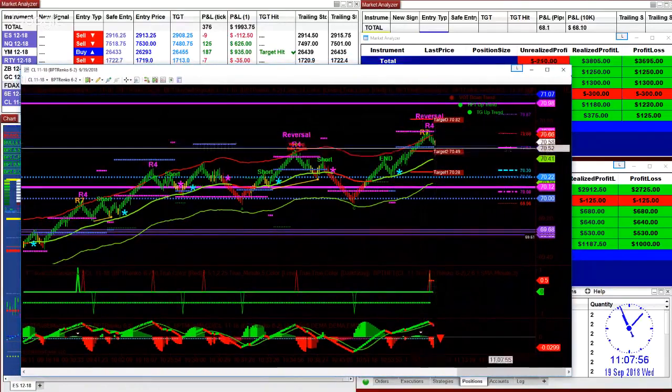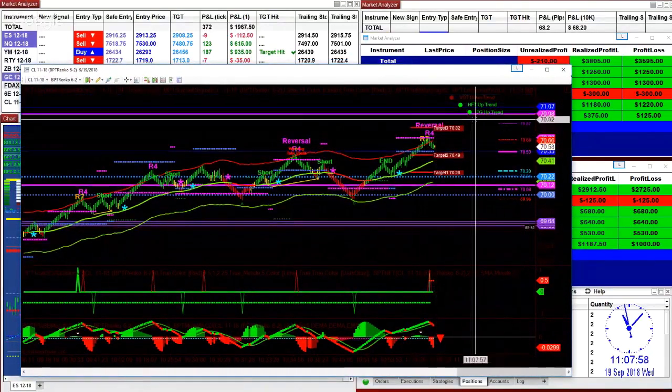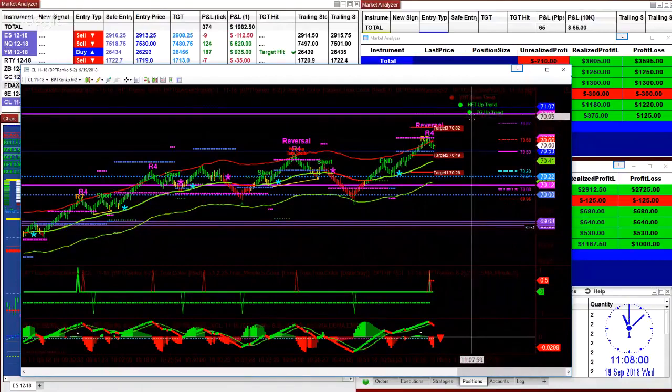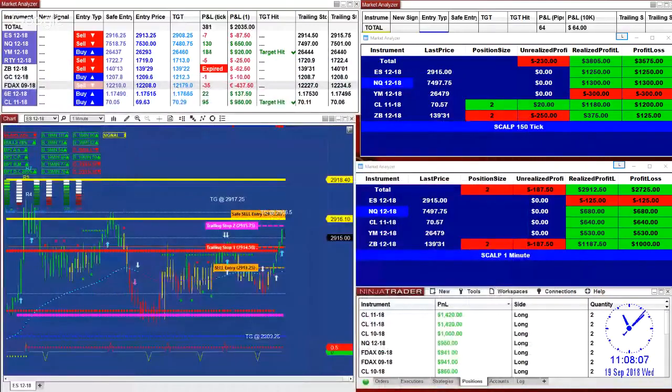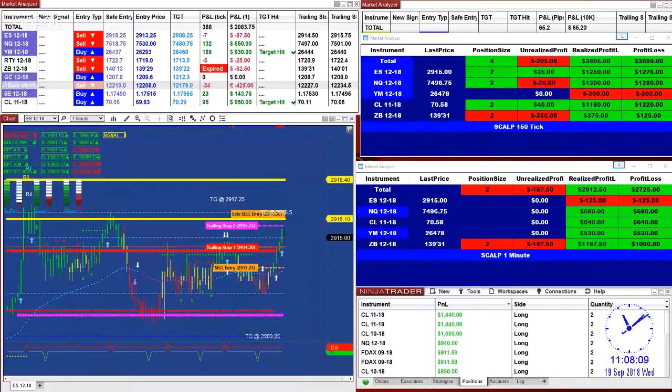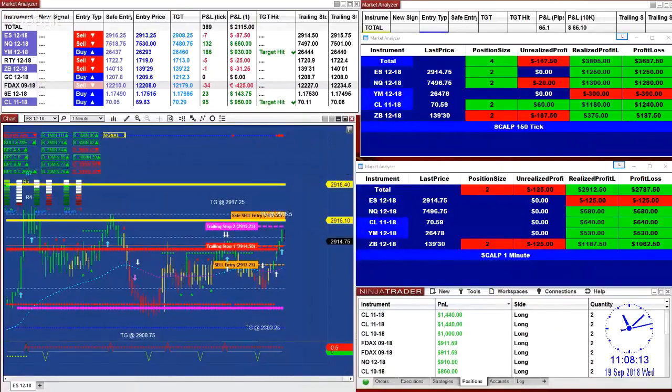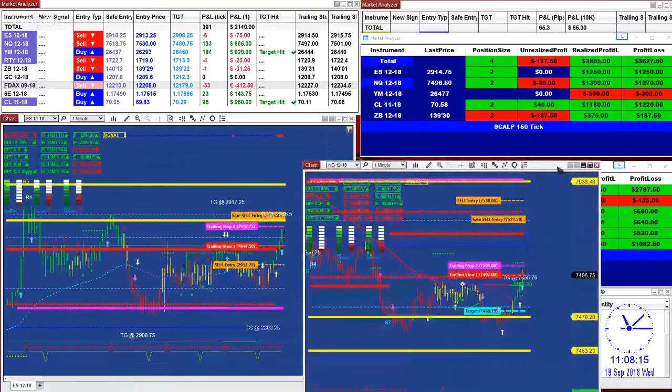But I cannot call this one a reversal. If you want to take a reversal, it has to be somewhere around 70.95. That reversal is on the sim only, and it will be a very good entry for a reversal.